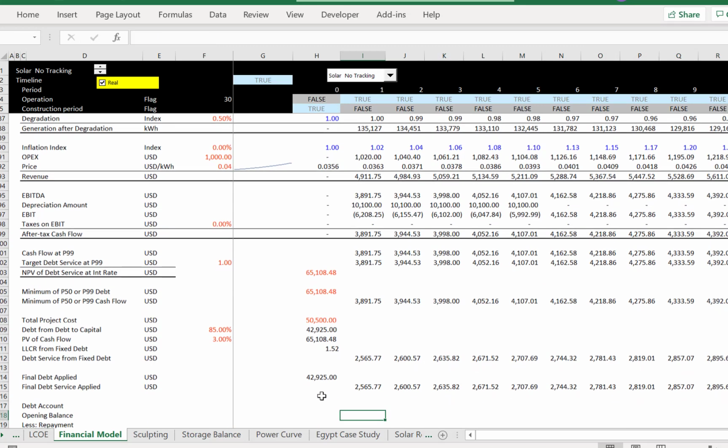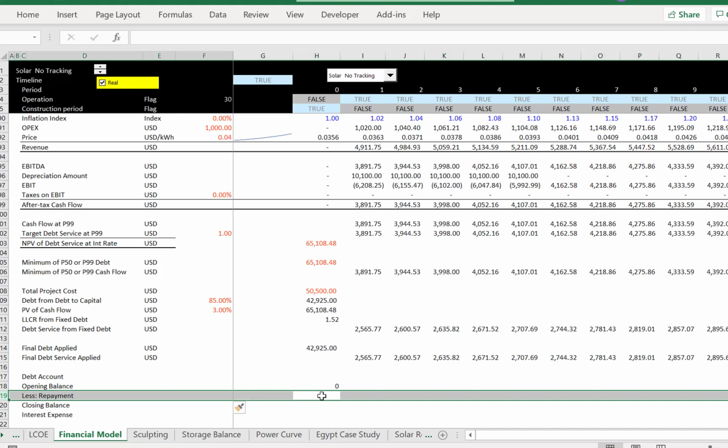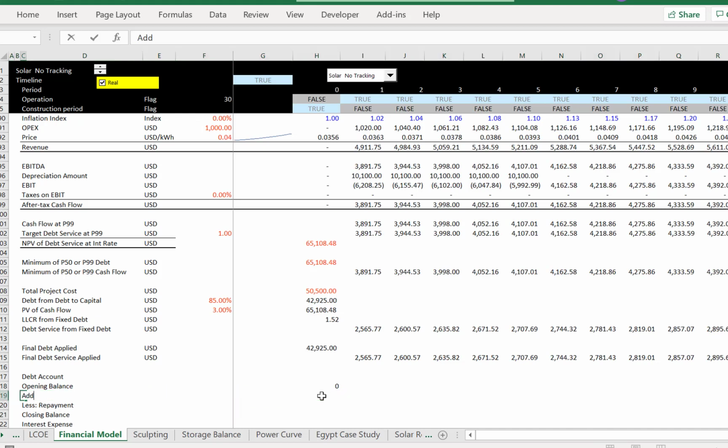And once we have the debt service, then we can make a little debt account. For the debt account, we make the opening balance equal the prior year closing balance. And then let's add the debt issued. And the debt issued is up here, this one.